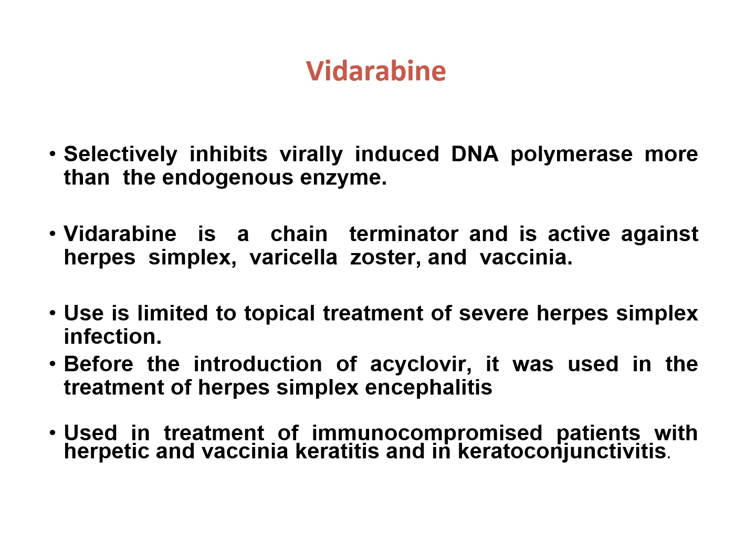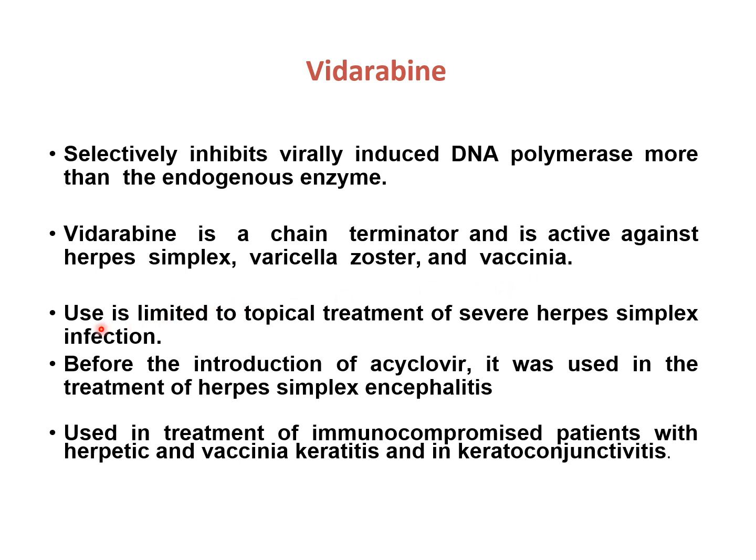Now moving on to talk about another drug called vidarabine. Vidarabine works by selectively inhibiting the virally encoded DNA polymerase more than, of course, the human DNA polymerase. It is a chain terminator. It's active against herpes simplex, varicella zoster, and vaccinia.